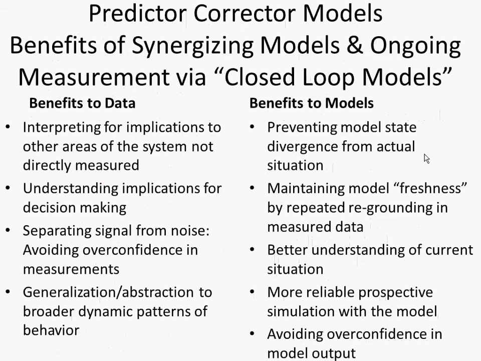And there are factors that are essentially stochastic, which we're never going to be able to predict with enormous confidence, that are going to make a difference to our model. And so a model's going to diverge. Even if it's a very good model, it's going to have some divergence from the world, left to its own devices. So the idea here is to create closed loop models that are constantly kept honest, constantly regrounded in actual observation.